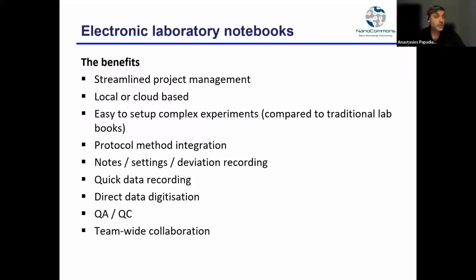You digitize the data directly, because it's already in the cloud. You can include QA and QC processes, and most importantly, everyone in the group or every partner in the project, all the ones that are supposed to, can access the data in real time.